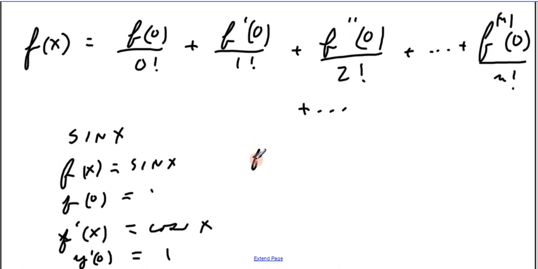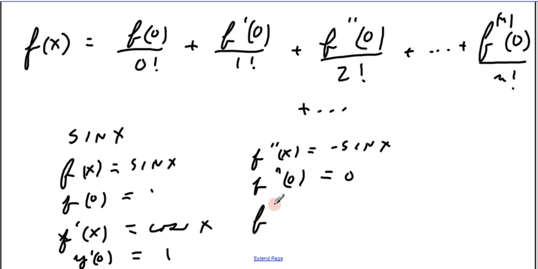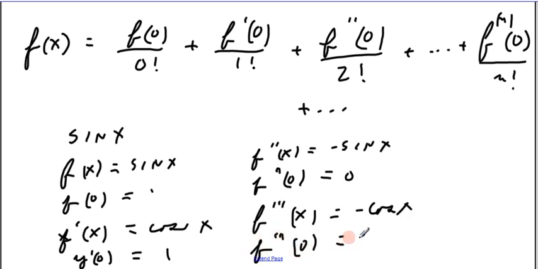Then we look at f double prime of x, and that's minus sine x, and f double prime at 0 is 0. And then f triple prime of x is minus cosine x, and f triple prime at 0 is minus 1.